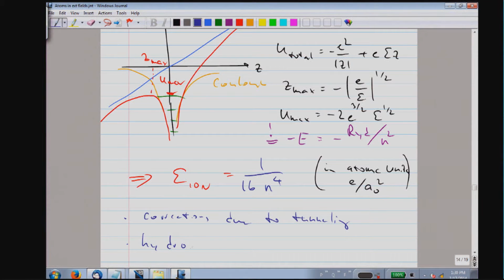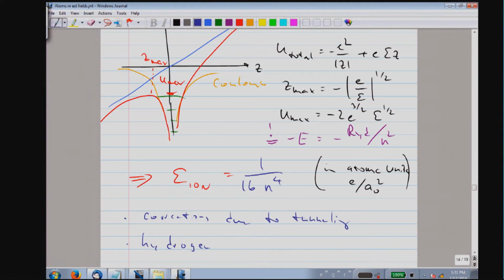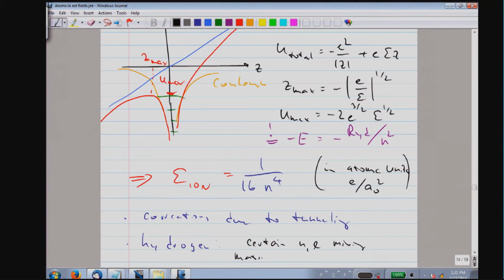But now in hydrogen, a lot of n-l mixing matrix elements due to the electric field between n-l states vanish. Hydrogen is just too pure, too precise.